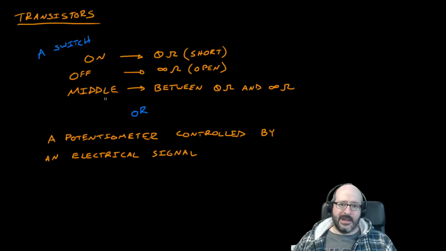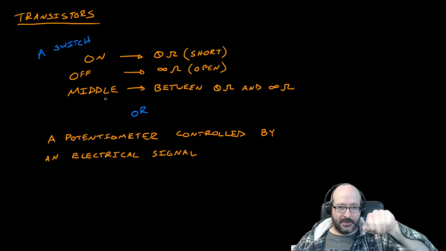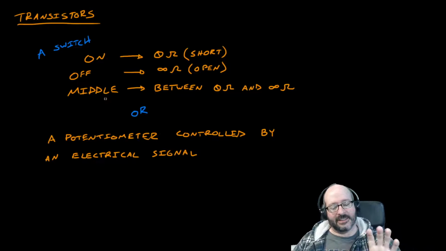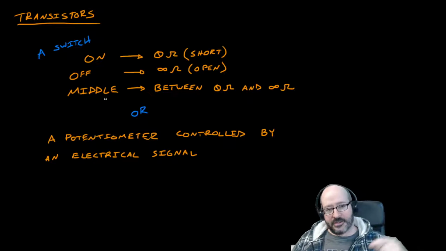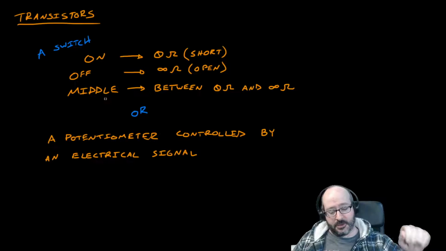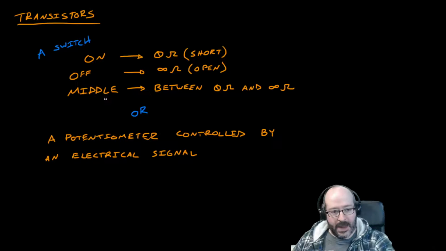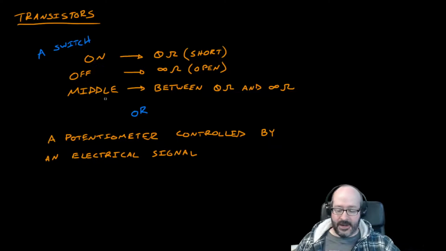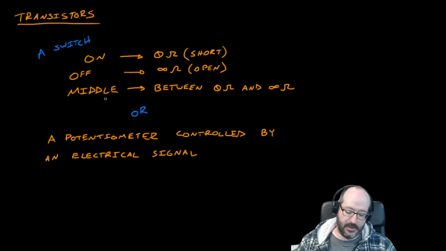Okay, so we can think of the transistor as being this adjustable resistance, but instead of being adjusted by the mechanical knob, we're adjusting it with some other signal in the circuit, and that's what really allows us to create amplifiers. Okay, we control that resistance by wiggling a low power signal, and on the output we get a higher power output.